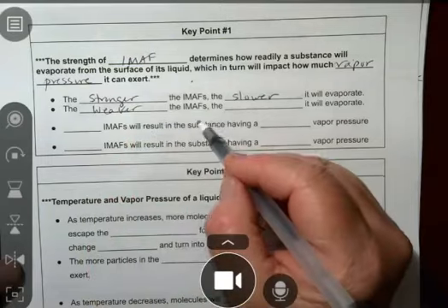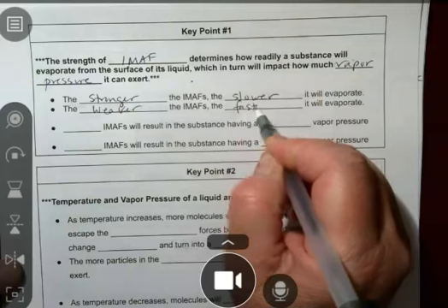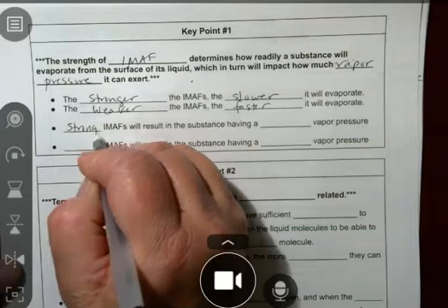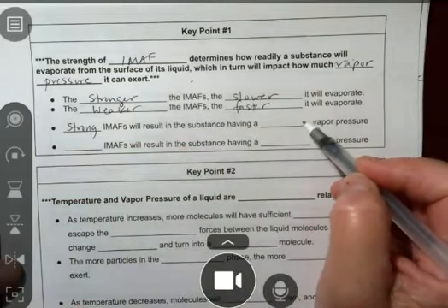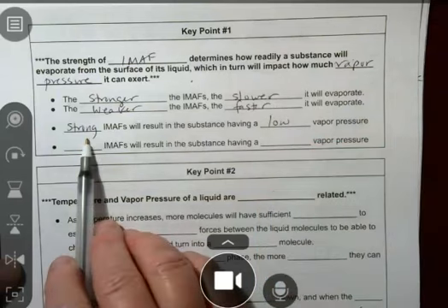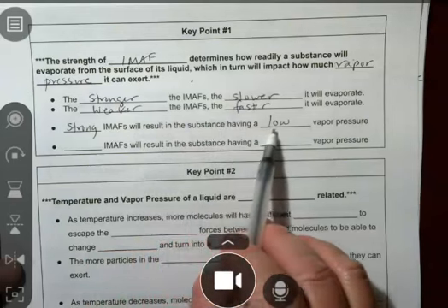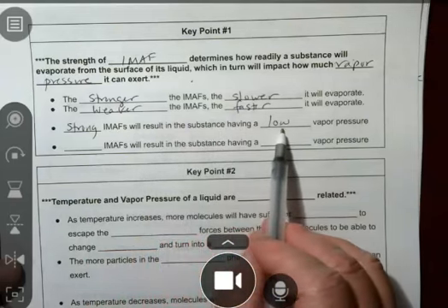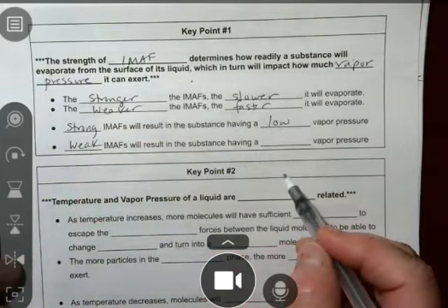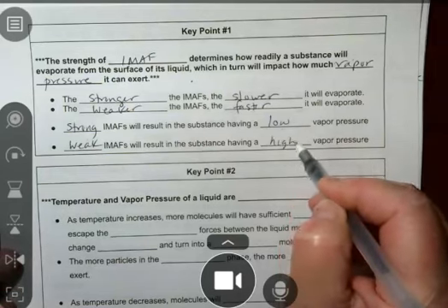The weaker the intermolecular attractive force, the faster it will evaporate. Strong intermolecular attractive forces will result in the substance having a low vapor pressure, because the substance is not going to vaporize very readily, so there will be very few vapor particles and therefore a low pressure. Whereas weak intermolecular attractive forces will result in the substance having a high vapor pressure.